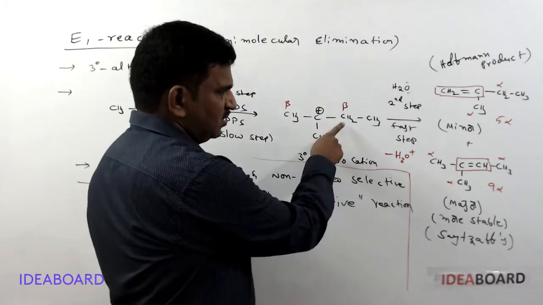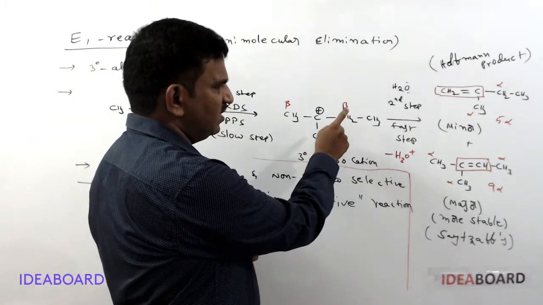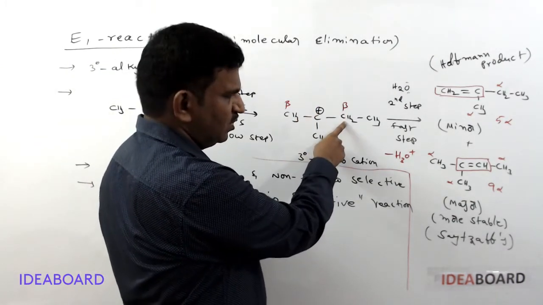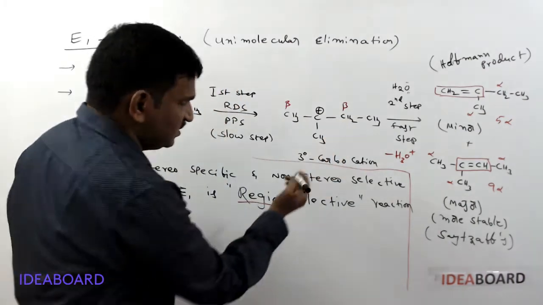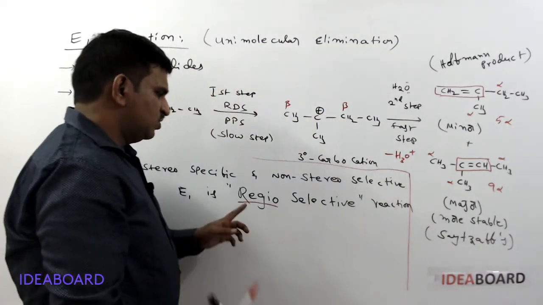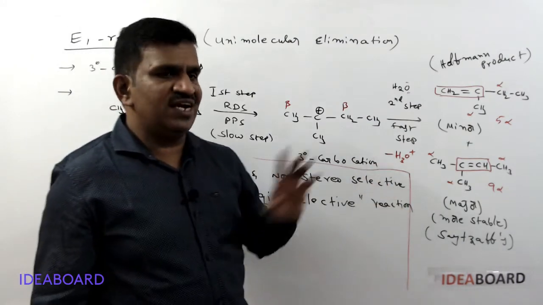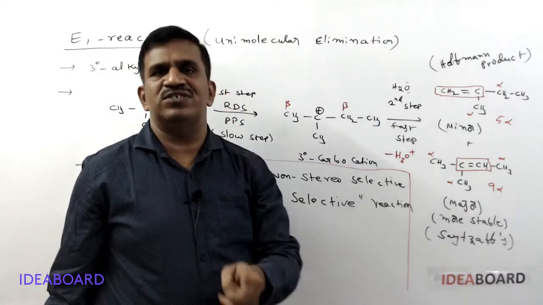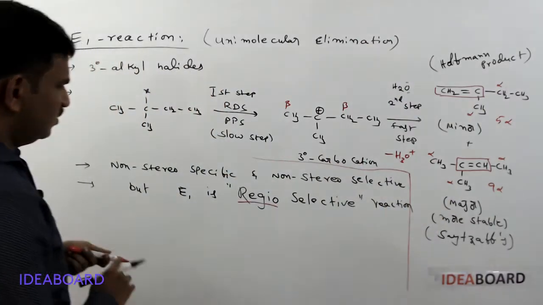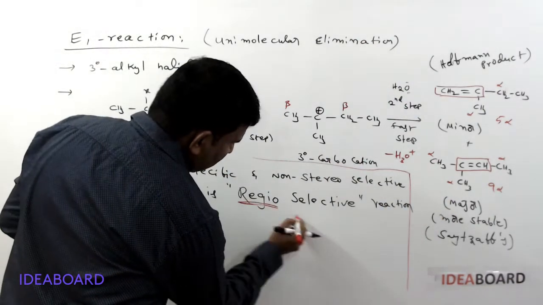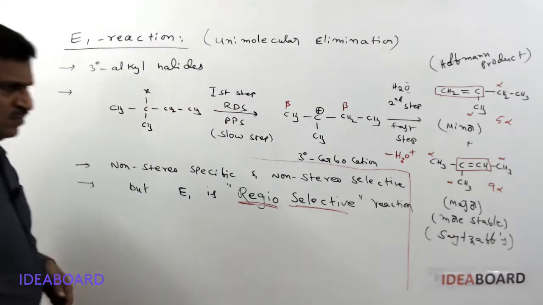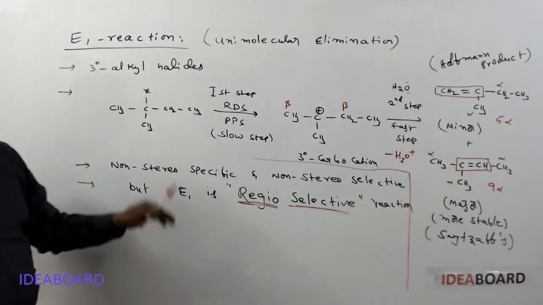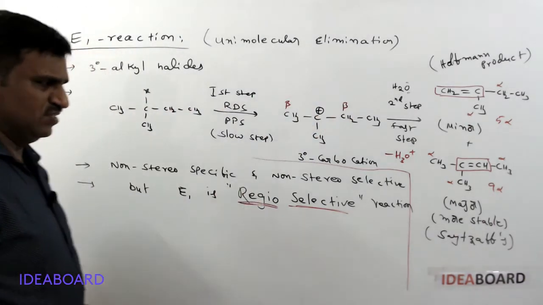It is very clear and specific to remove the proton from this region only. So this is called a regioselective reaction. It gives Saytzeff elimination products as the major products. So elimination reactions are always regioselective reactions.